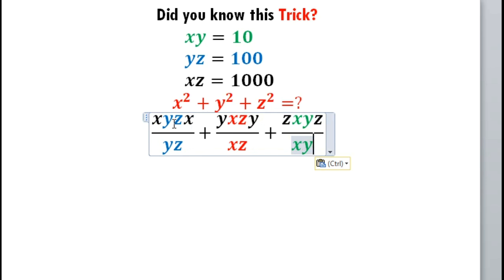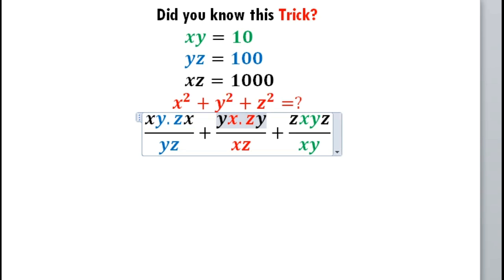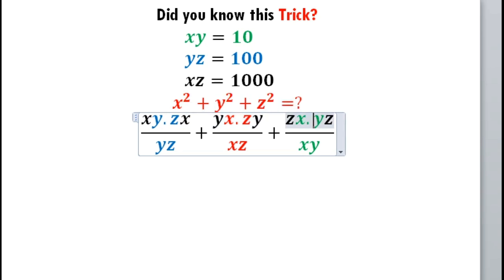Now the first term here in the numerator, we have xy times zx if we separate them into two terms, two variables. The second term here we have yx times zy. The third case here we have zx times yz. Now zx can be expressed alphabetically by starting with x, so it's the same as xz.